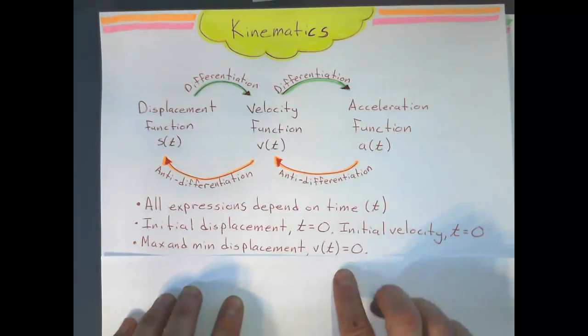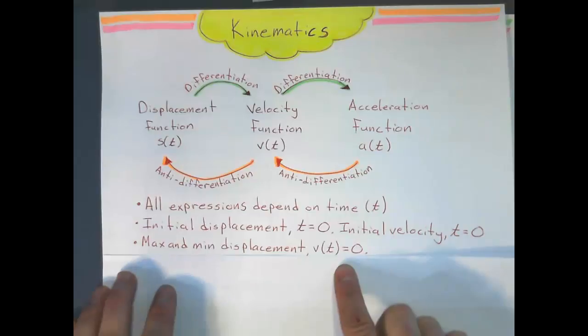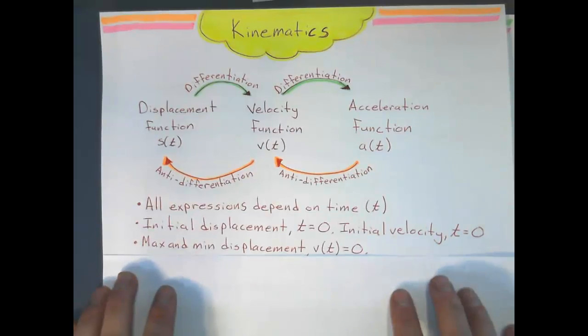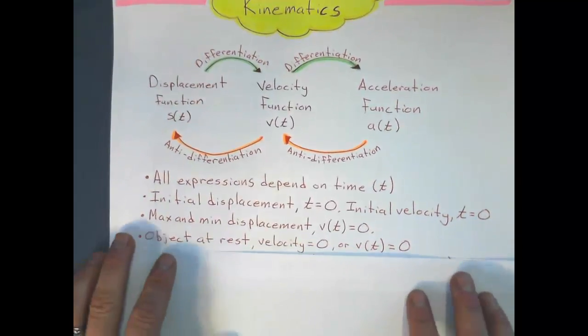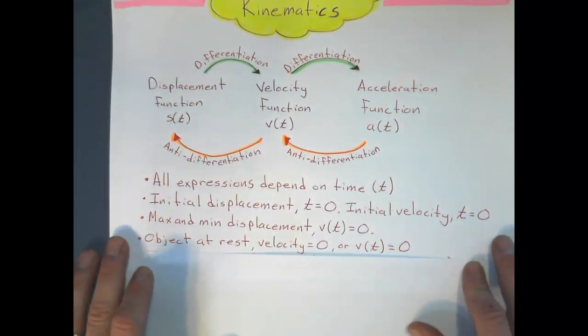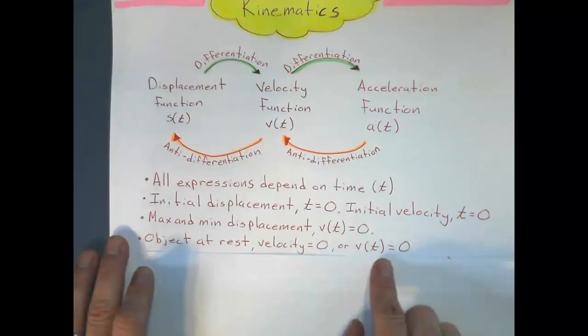The velocity function is set to 0 if we're finding the maximum or minimum displacement. An object at rest. Okay? An object at rest, maybe when you throw something up in the air, and the maximum point when it's not slowing or speeding up is when we set the velocity equal to 0 as well.